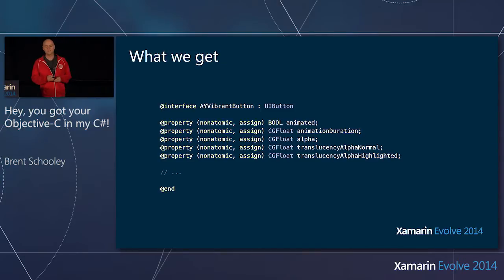So we've had to do these sorts of things to indicate unique class names. Non-atomic assign, I don't know necessarily that I want to think about what that means. I never have to specify that kind of stuff in my C# properties. And the names, there's a lot of repetition. Translucency alpha normal, translucency alpha highlighted. It's very wordy and verbose over there.